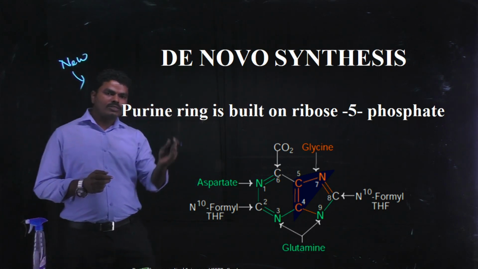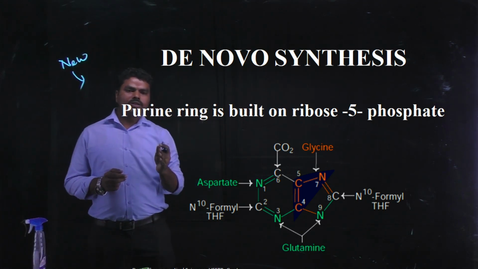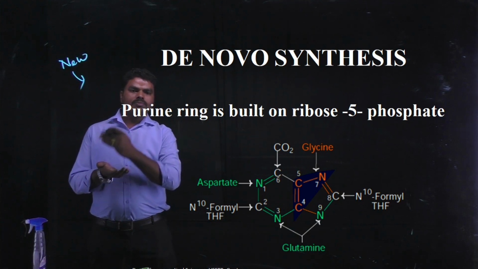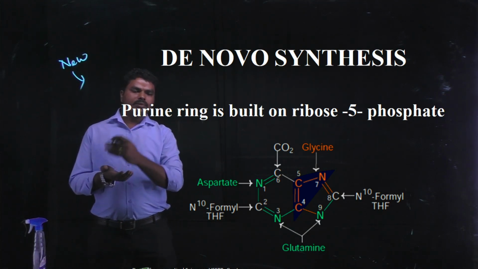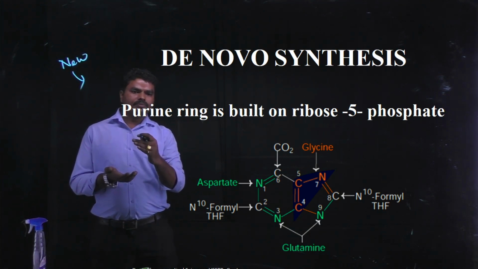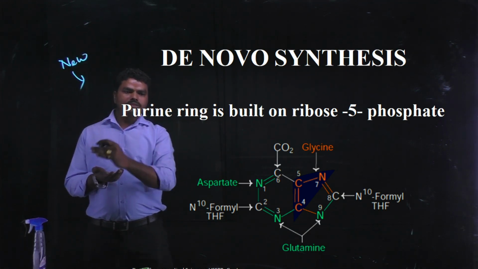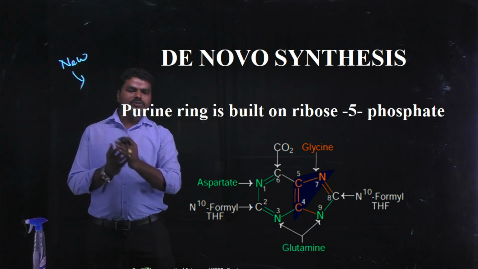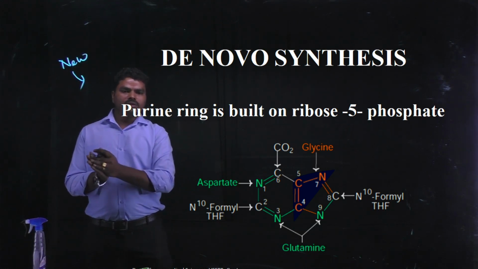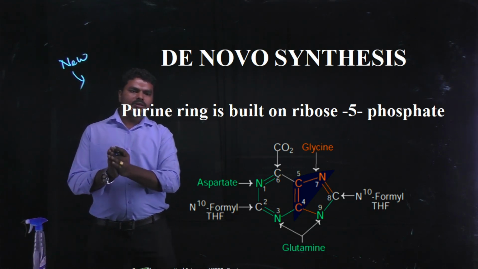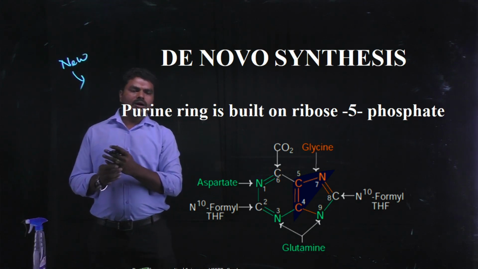So in the salvage pathway, what will happen? On the existing nitrogen base, the remaining structure is developed. But here, the nitrogen base is also produced as a new compound on the sugar moiety.